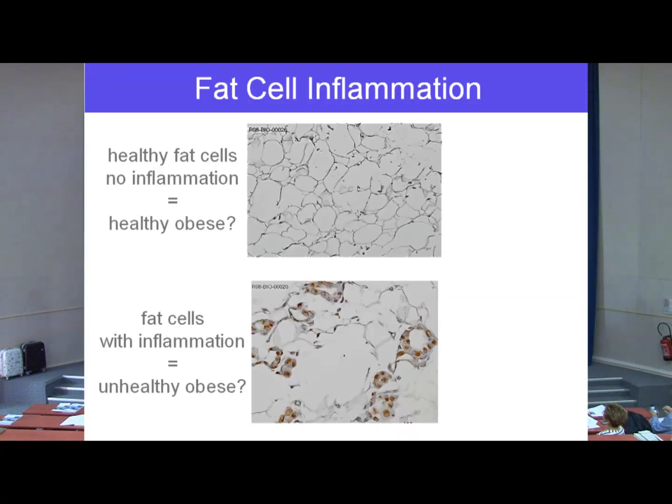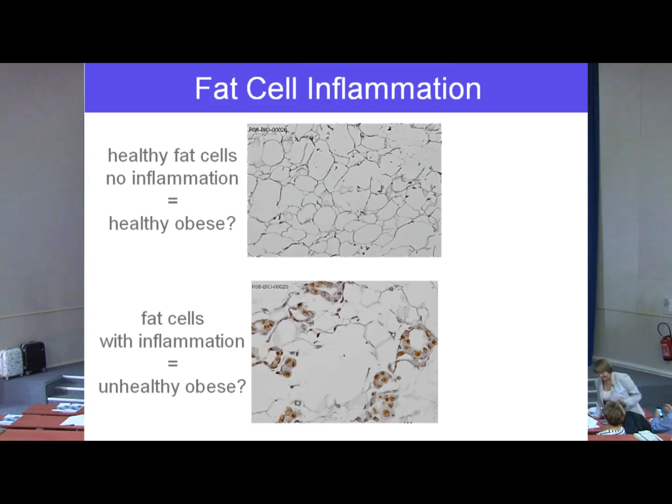Another competing theory about why fat is bad for your health relates to adipose tissue inflammation. Just briefly on this topic, you can see histologically fat cells from two subjects. Both were derived by biopsy from obese individuals, and you can see a striking difference in the adipose cells.